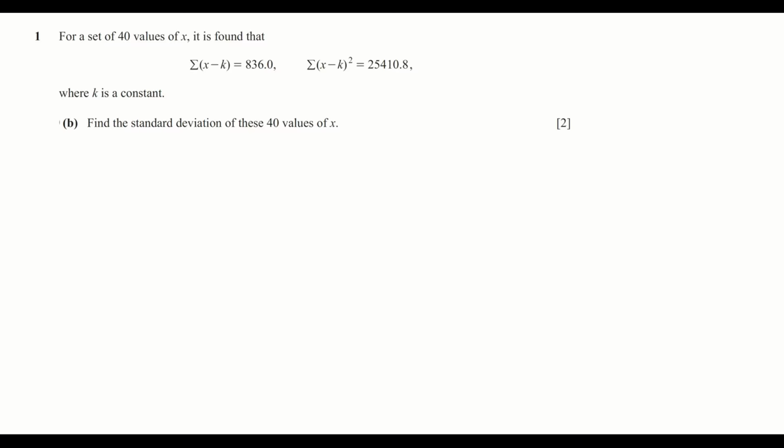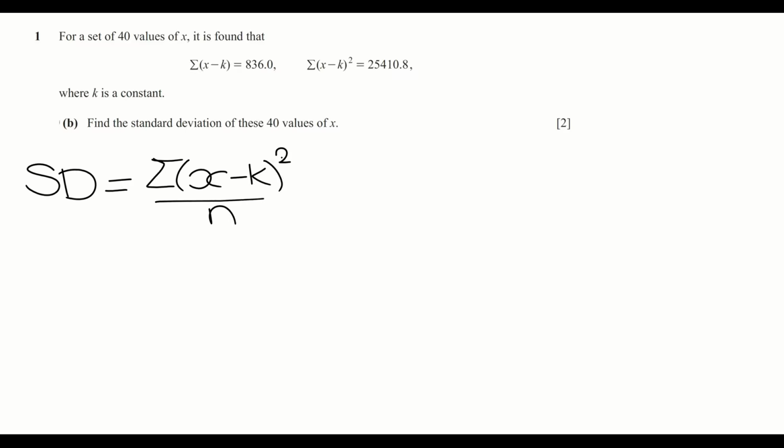Part B says find the standard deviation of these 40 values of x. To find the standard deviation when working with brackets, we can say the standard deviation is equal to the value of the bracket squared. So in this case, sigma x minus k squared over n minus the value of the unsquared bracket, sigma x minus k over n, all squared.